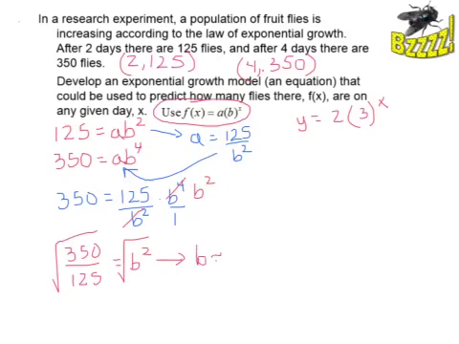So my b is the square root of 350 over 125, and if you run that through your calculator, I believe you'll get about 1.673. Now that's my b value. I'm going to plug that in right up there to get my a is 125 over roughly 1.673 squared.